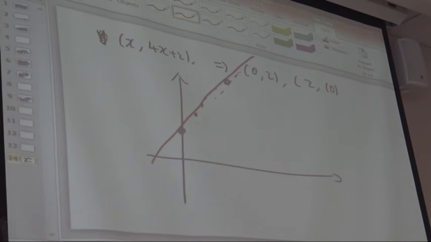This is a line, but the line consists of infinitely many points. So 4x plus 2 is nothing until I figure out x, that's right. Then I can get a point on the graph. That's right. Yeah. Or the other way is whenever you have an x value, you can get the y value. Right.